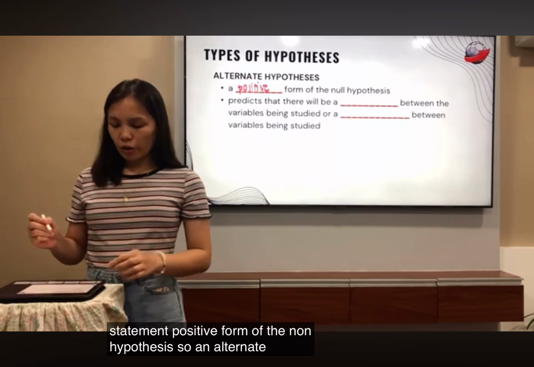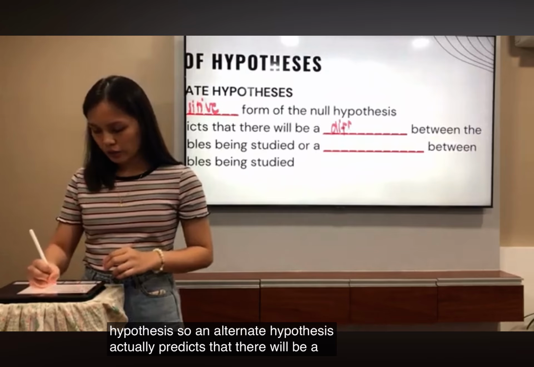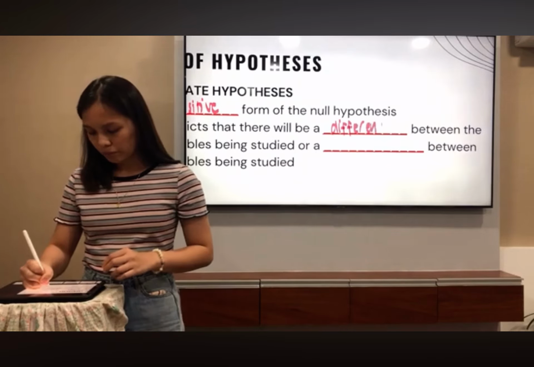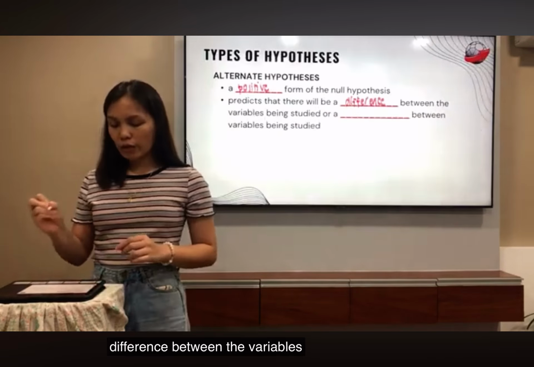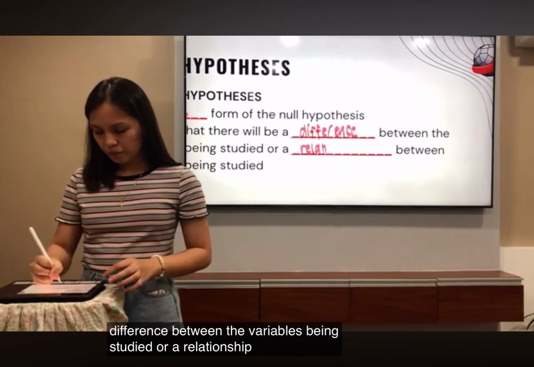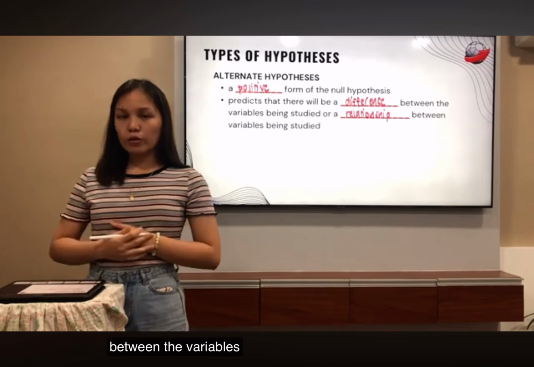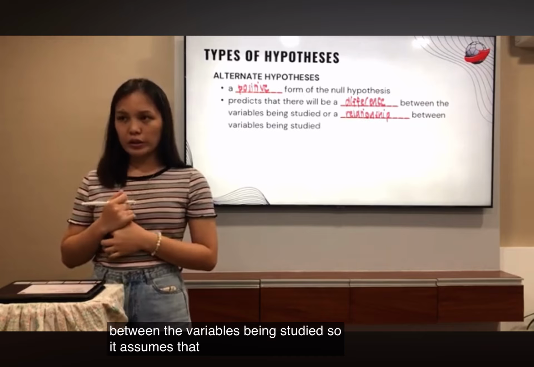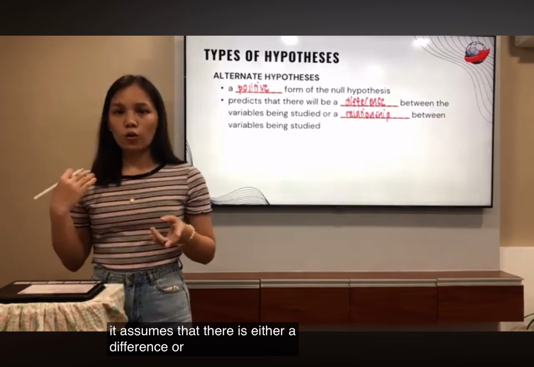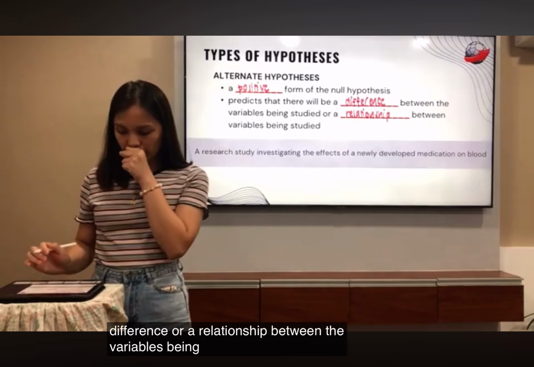An alternate hypothesis predicts that there will be a difference or a relationship between the variables being studied. So it assumes that there is either a difference or a relationship between the variables being studied.